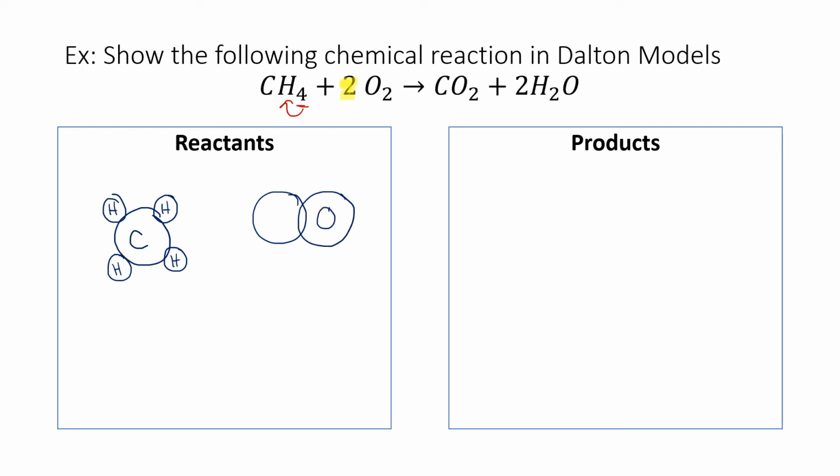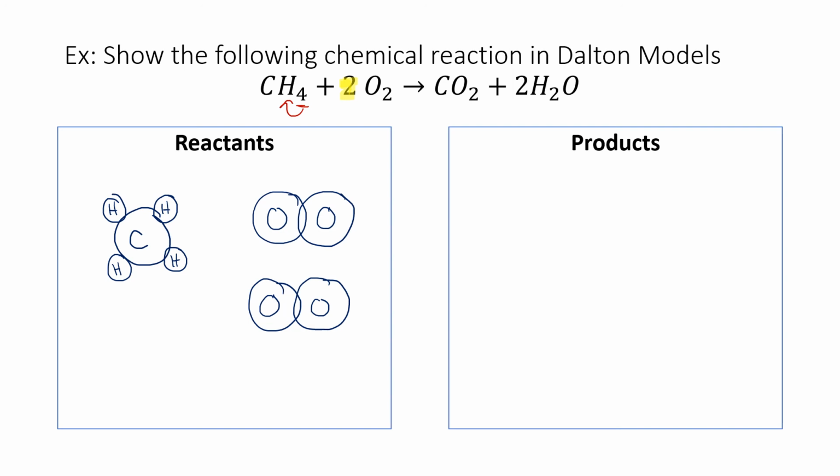So I have 1 molecule of oxygen gas, and I have 2 molecules of oxygen gas. I can see my coefficient is telling me how many times I am drawing the molecule. The molecules are not touching together because in 1 molecule of oxygen gas, I have 2 oxygen atoms chemically combined. Because I need 2 molecules, I'm redrawing that first picture 1 more time.